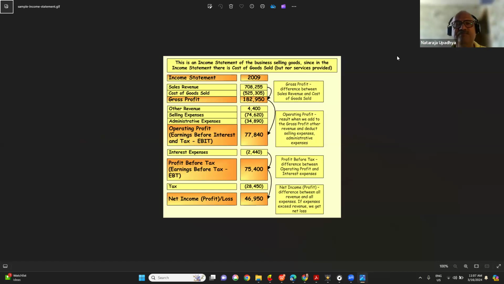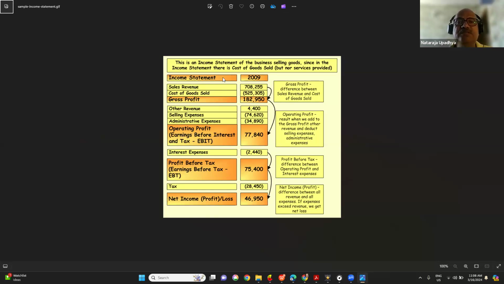income statement, this picture gives you clarity and distinction between what is income versus gross profit versus operating profit versus profit before tax, or earnings before tax, versus tax versus net income.